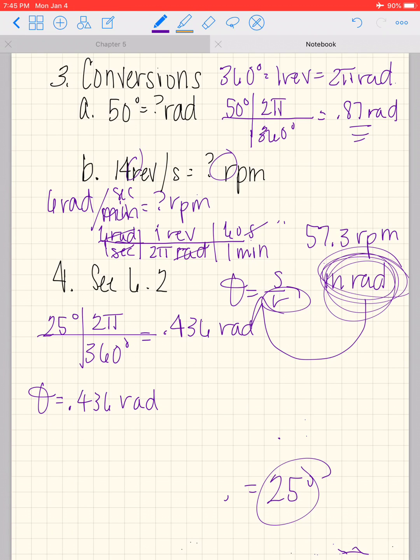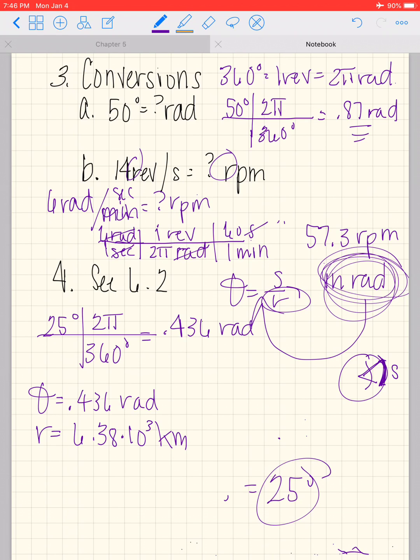And I know that R is equal to, it's in the problem here, 6.38 times 10 to the third kilometers. And I am looking for the distance between those two cities. So if I go back to my picture here, if my 2 points are here, I'm looking for this. If I know theta and I'm looking for this, I'm looking for my arc length.